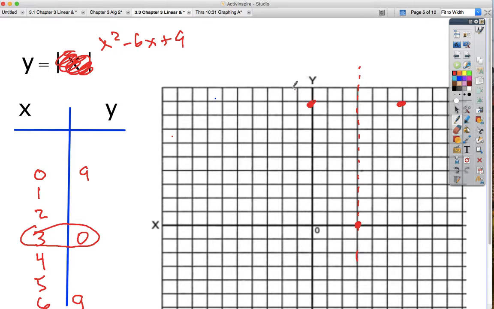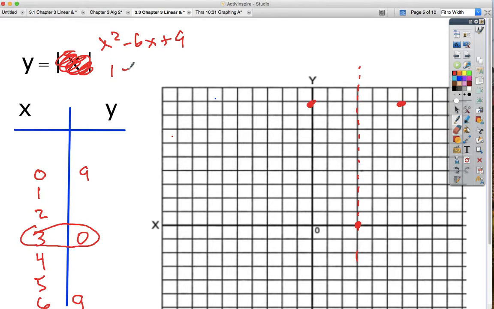So this is 3, 0, or 0, 9, and this is 6, 9. What if I put in 2, or what if I put in 4? We should get the same value. Let's try 1 first. That 1 corresponds to 5, gives us the same value. If I put in 1, 1 squared is 1.